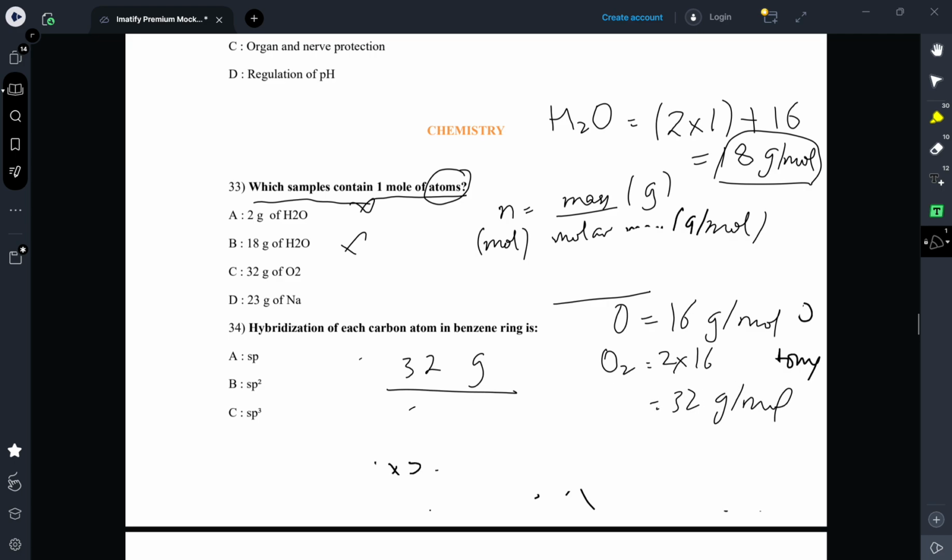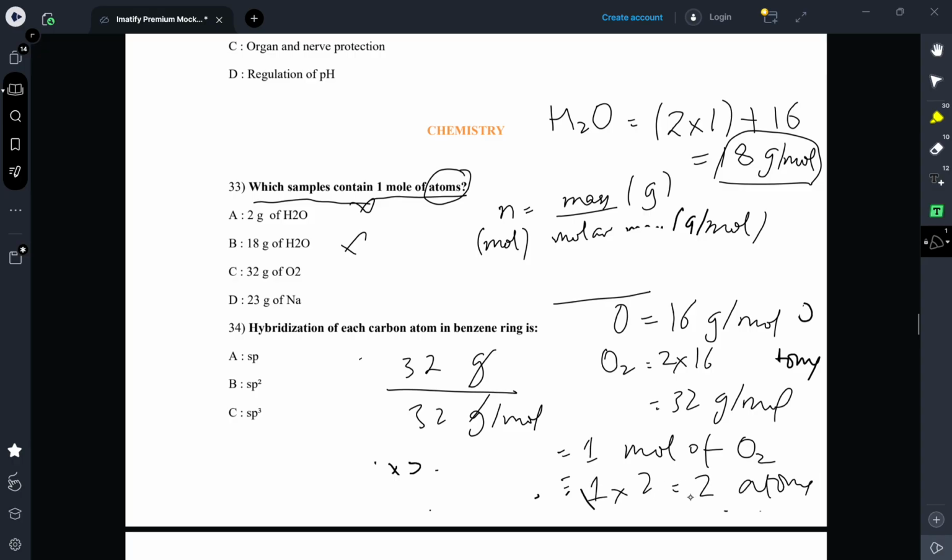So 32 grams is 1 mole of O2 molecules. But again, we have to go from molecules to atoms. There are 2 atoms in 1 molecule of oxygen, so it will be 1 into 2.